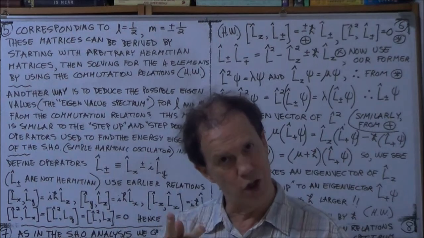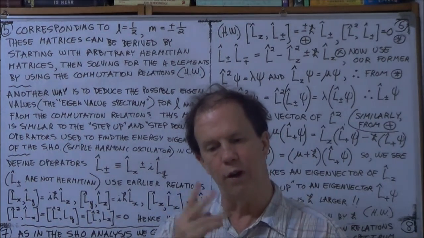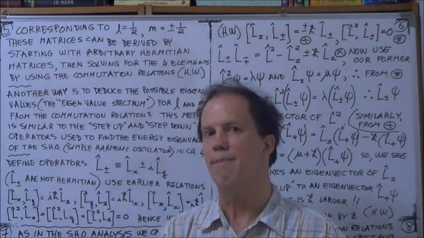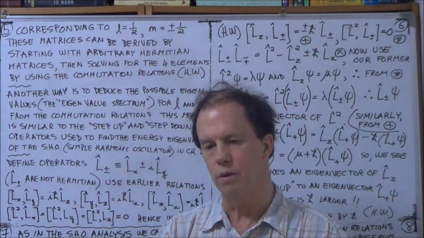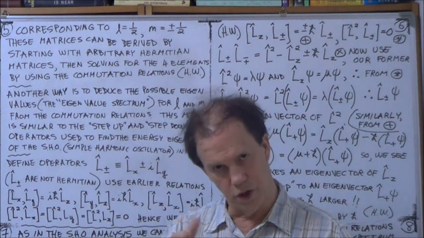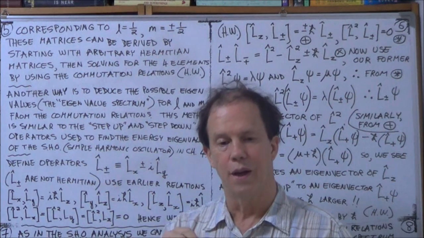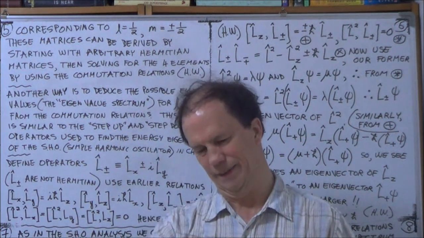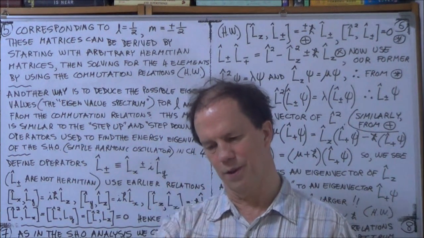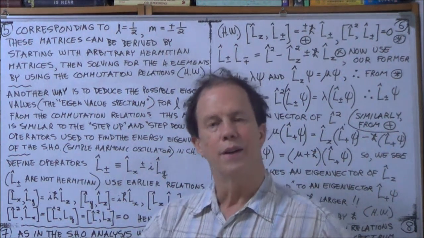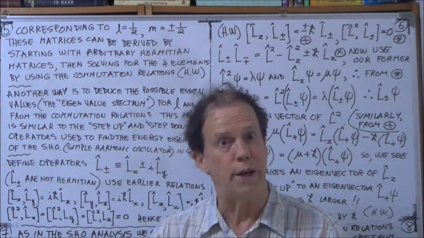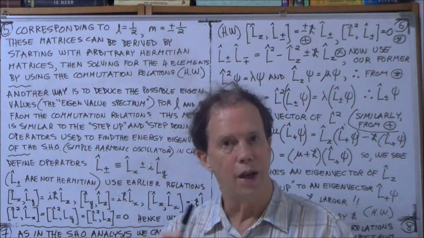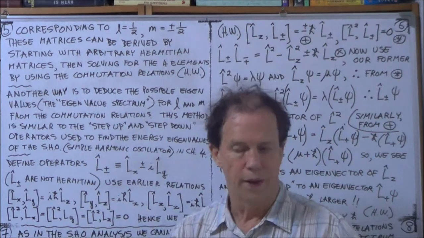Remember, a Hermitian matrix M, if you conjugate it, changing all the i's to minus i's, and transpose it, so the rows become the columns and the columns become the rows, you get the same M. So M equals M conjugate transpose.